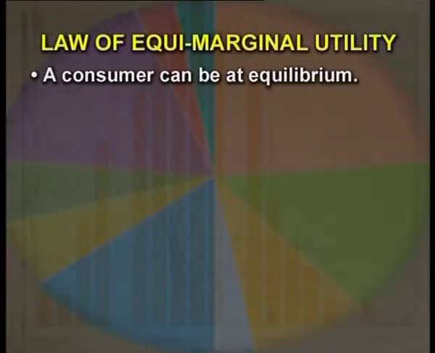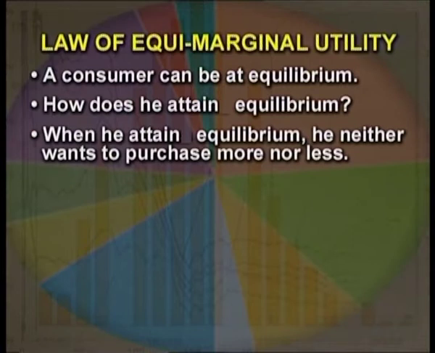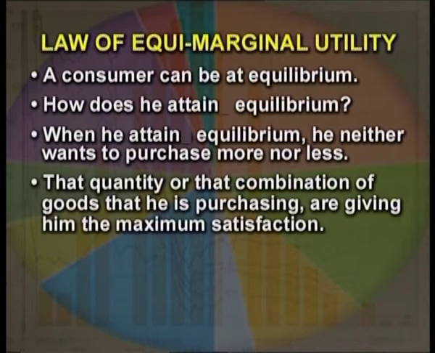In fact, we had seen in the earlier lectures that a consumer can be at equilibrium. How does he attain equilibrium? When he attains equilibrium, he neither wants to purchase more nor less. In other words, the combination of goods that he is purchasing gives him the maximum satisfaction, and any quantity more or less than that would not give him that maximum satisfaction, and therefore he is said to be at equilibrium.